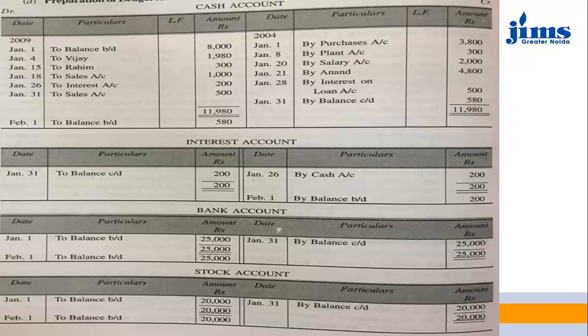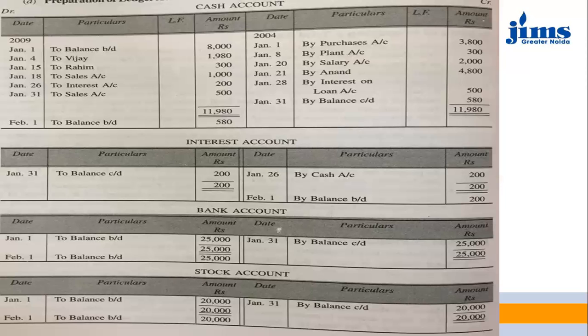So what we have done here is, since the credit side was less by 580 rupees, we have mentioned 580 rupees so that the total of both sides becomes equal at 11,980 rupees. And we have written this on the lower side. Since the credit side was lower, we have written this 580 on the credit side.